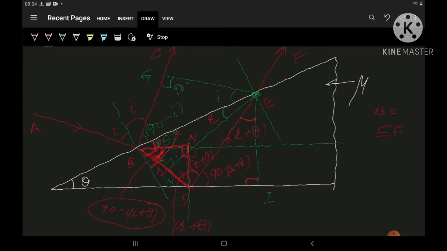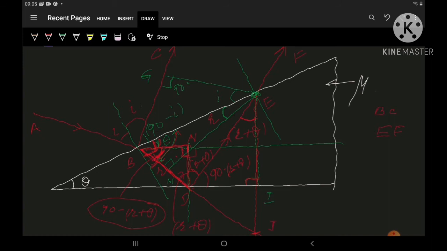Now let us do something here. In this figure, let us extend the line BD in the further direction, and the line EI will also be drawn in the further direction, and we get a point of intersection.